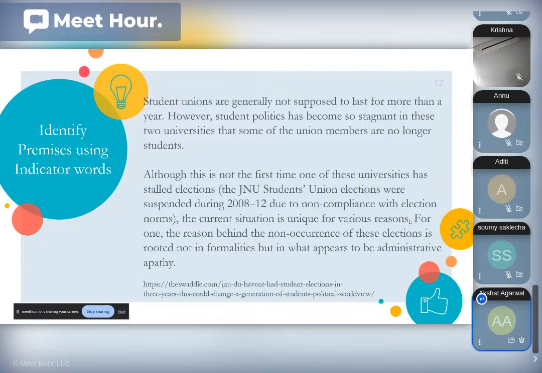Because now you know that one of the reasons the author is giving to support their conclusion is that there's administrative apathy, and if I attack this reason, then I'll be able to weaken the author's argument. We'll revisit these concepts when we do the lecture on weaken and strengthen. But for now, I want you to take note of how you identify premises and how you identify conclusions.